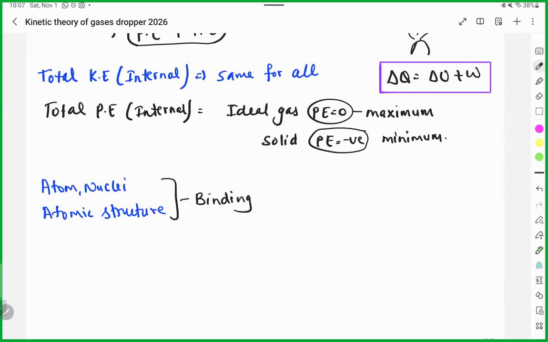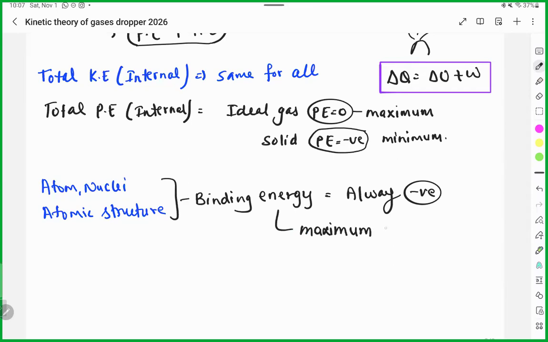And you will see binding energy is always negative, right? What is the maximum binding energy? Zero. It means when there is no interaction between the two molecules, so there is no binding between those molecules, it is maximum, it will be zero. Understood, guys? Yes, sir.